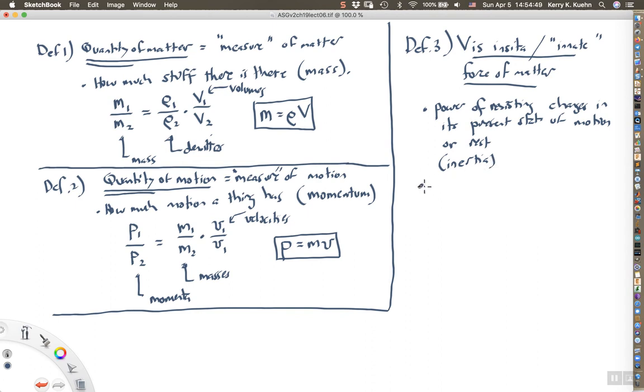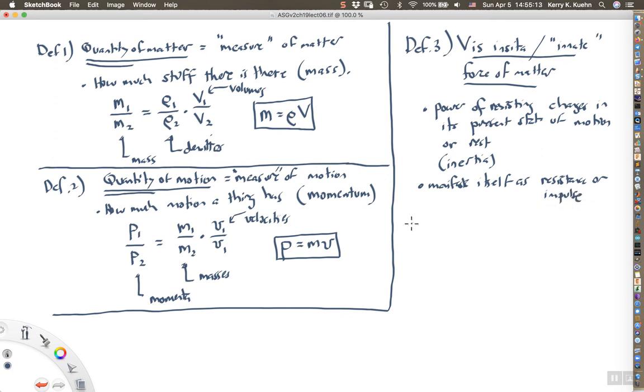And the inertia of an object can manifest itself, Newton says, as either resistance or impulse. So I'll write this down. It manifests itself as either resistance or impulse. So what do we mean by this?